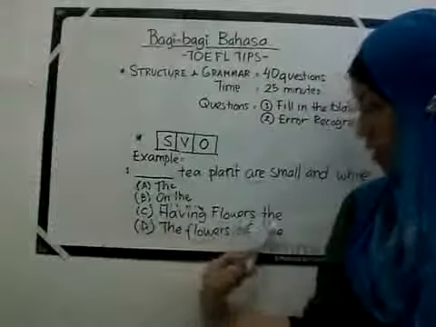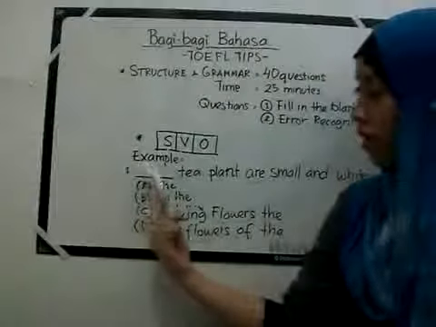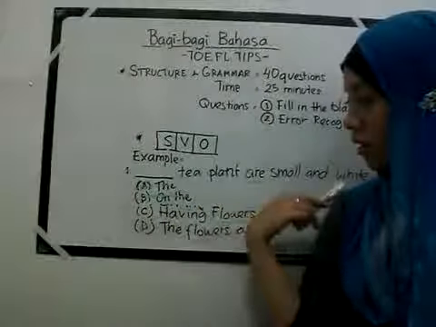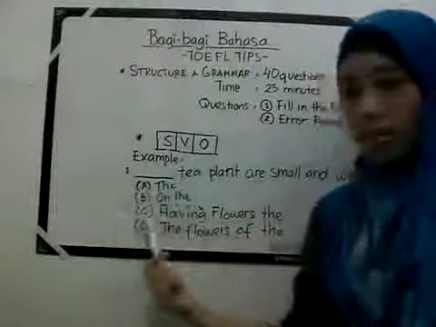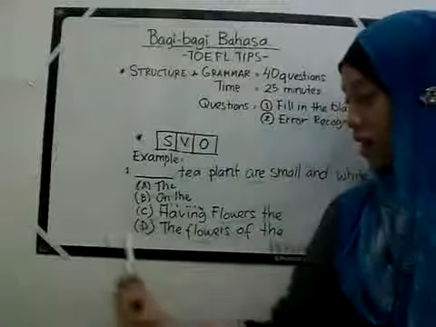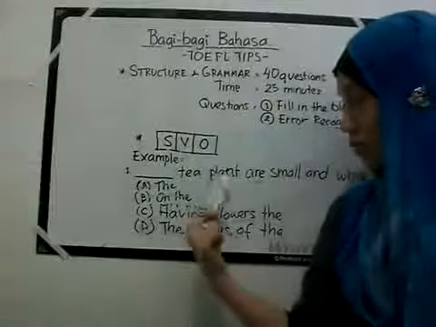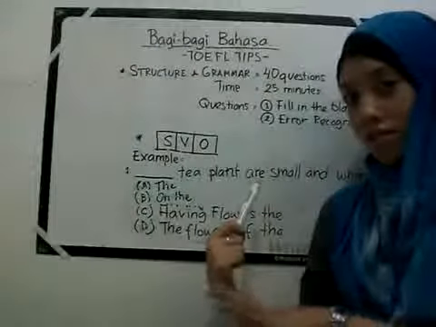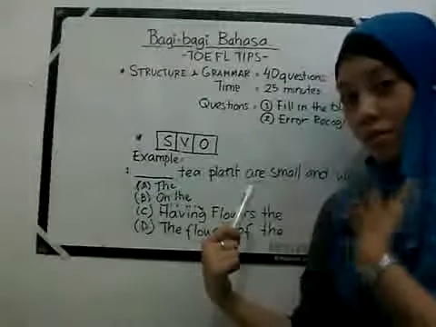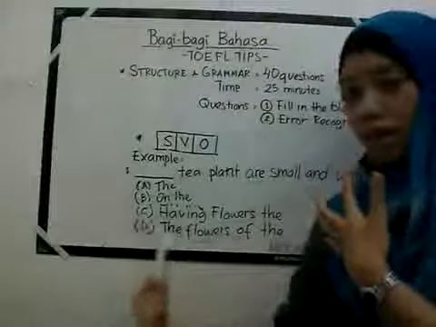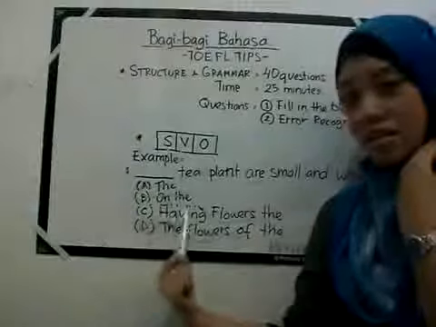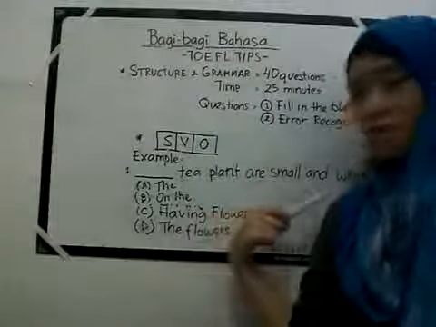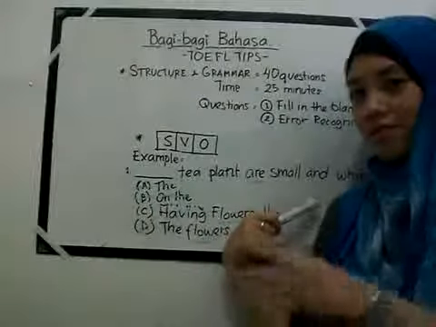Since we don't have any commas in the answer nor in the statement, C is incorrect, and the right answer is D. The flowers of the tea plant are small and white. For first language students like me, we tend to do this by sense, and for us, C doesn't make sense, right? Having flowers, the tea plant are small and white, that doesn't make sense.